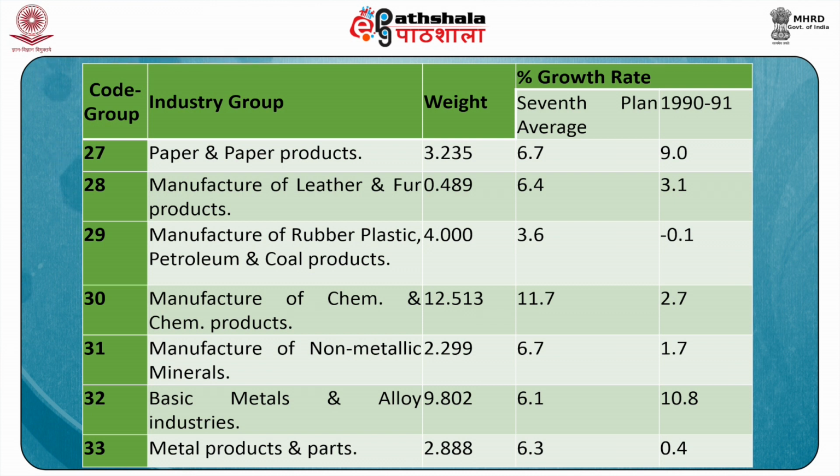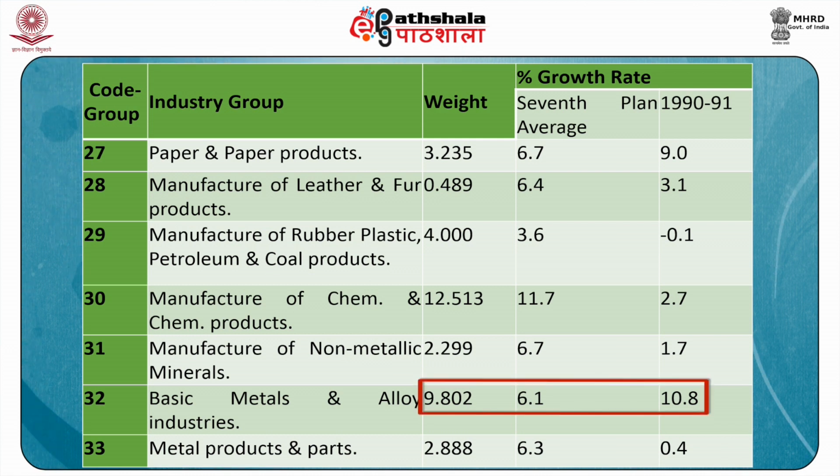Next, basic metals and alloy industries. It weighted 9.802 with a growth rate of 6.1% in the 7th 5-year plan, and in 1990-91 the growth rate was 10.8%.